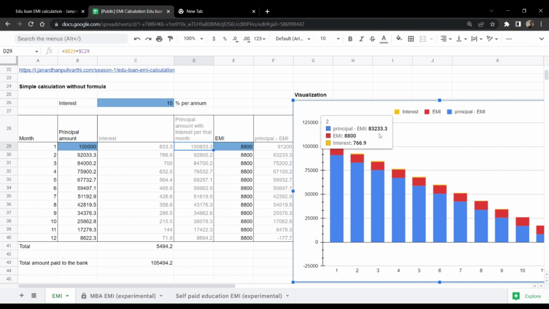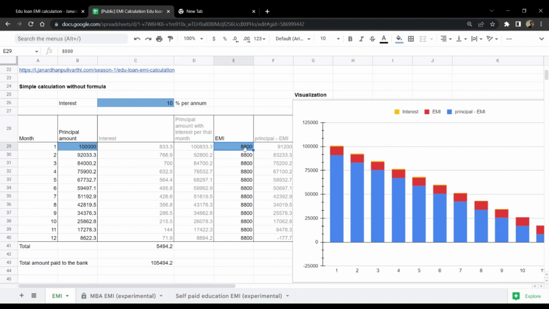So next time it would be only till here. It will be decreasing by this red amount. The interest would be different this time because our principal amount is different, since after paying 8,800 rupees we have a lesser amount, which is this one.